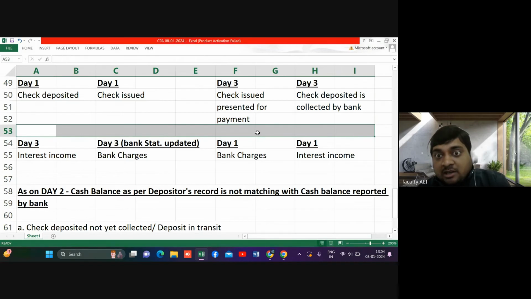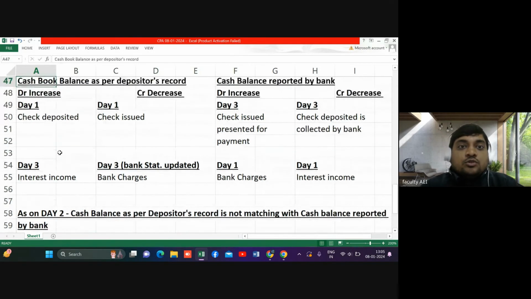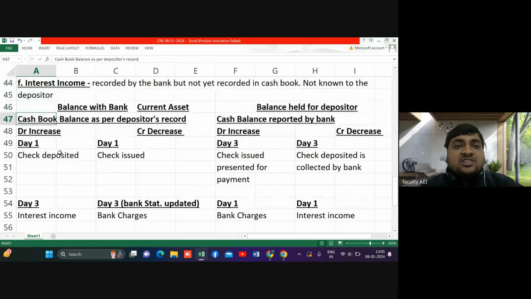This is also not here, and these 2 are not here, right? Just the reciprocal. So we find some transactions are recorded in depositor records, some are recorded in bank records, right? So that is why there is a necessity that we need to prepare bank reconciliation.